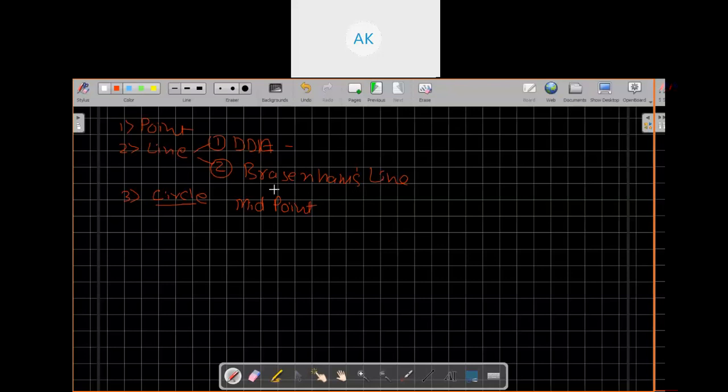So our third primitive is the circle. The first circle drawing algorithm we are going to discuss is the midpoint circle drawing algorithm. In today's class, we will discuss the midpoint circle drawing algorithm.